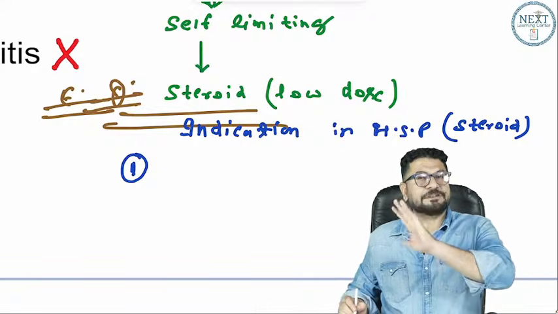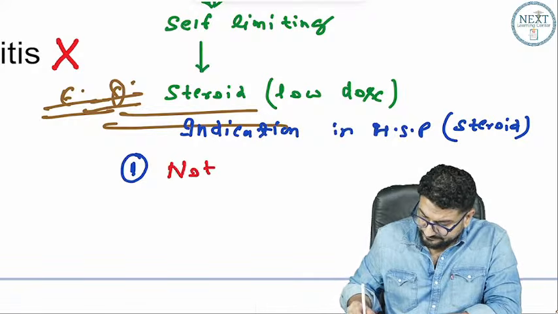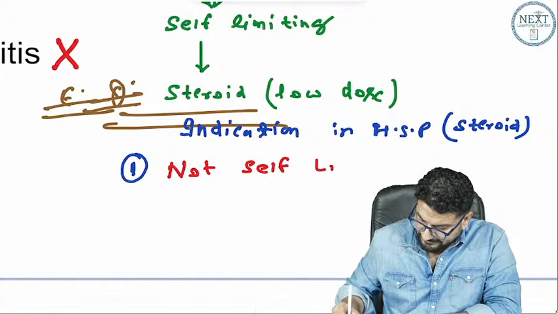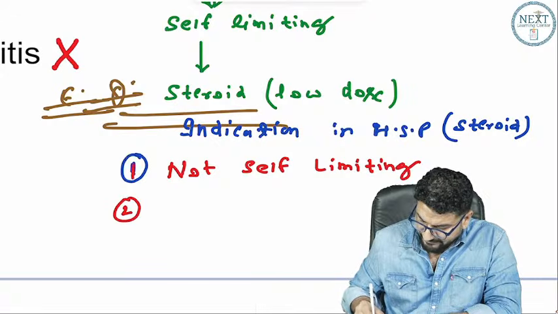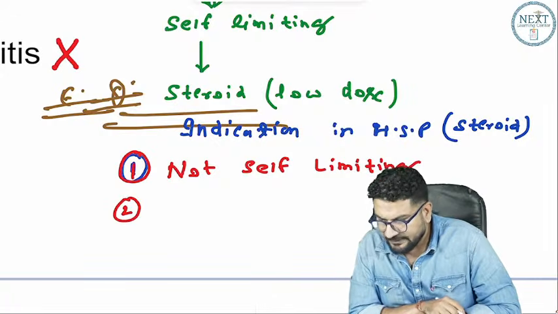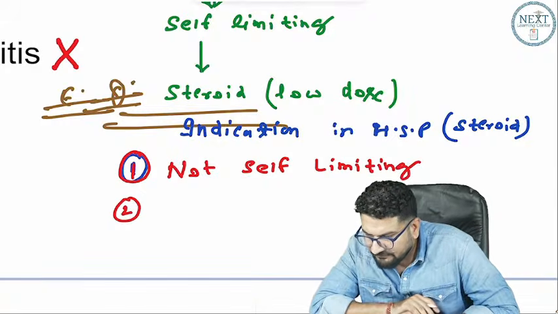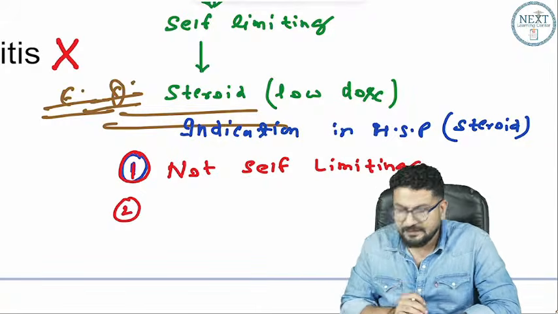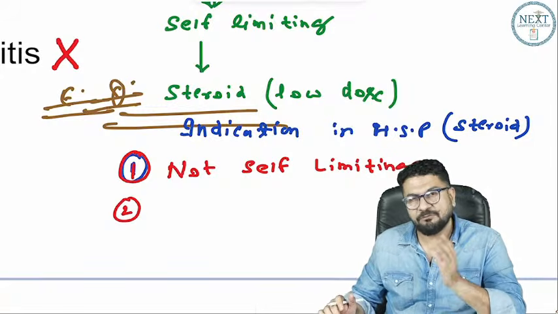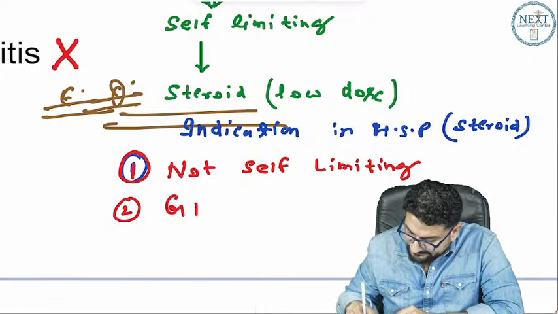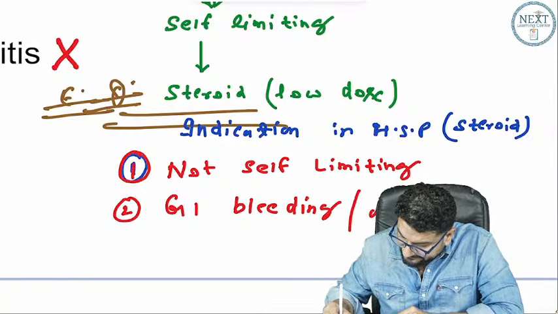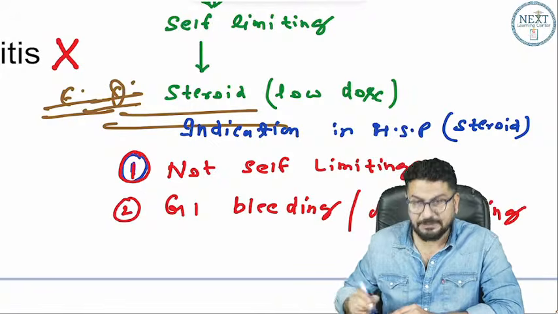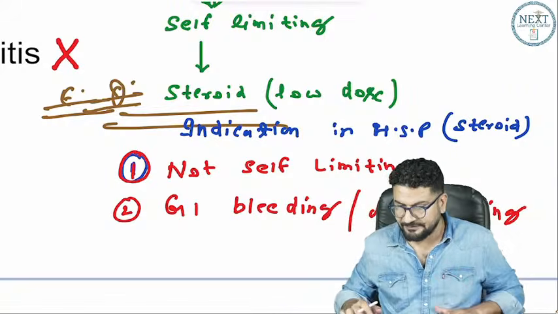First is clear: when it is not self-limiting. Then, when there is GI bleeding. If a patient has GI bleeding, or I can say bleeding from anywhere, then you have to give steroid immediately at the first visit.